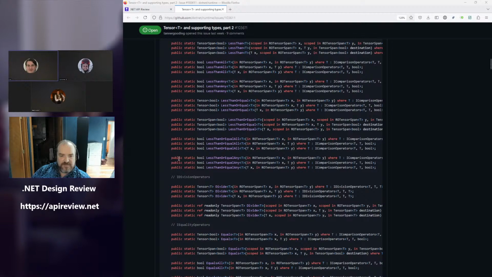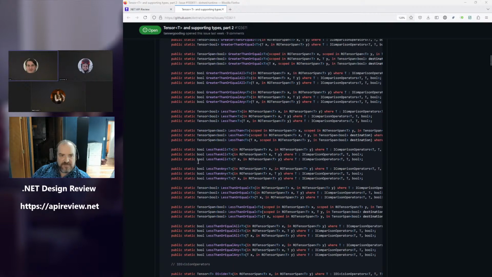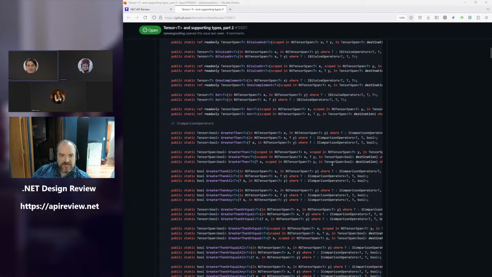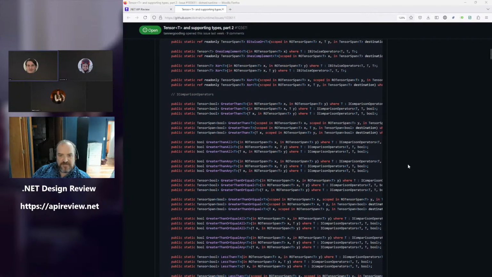Now, with comparison operators, there's a discussion point here. This is following the same convention that we opted for with the vector types.